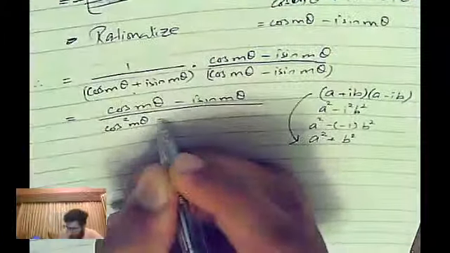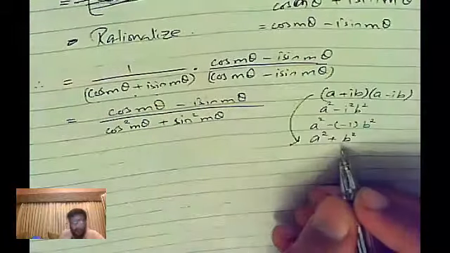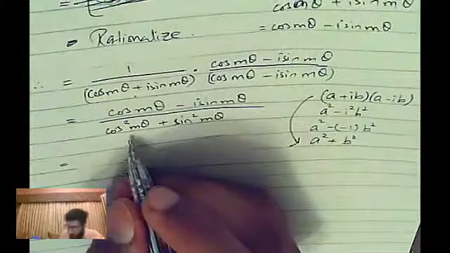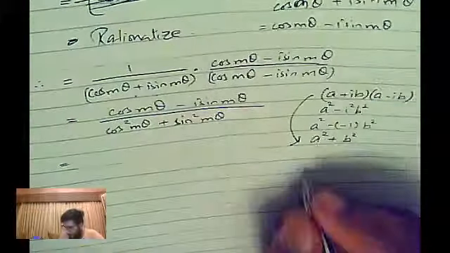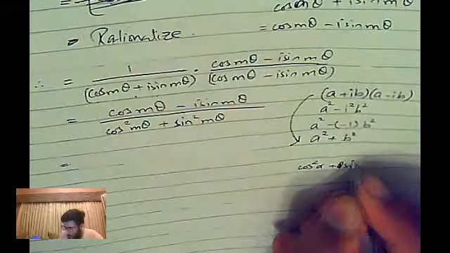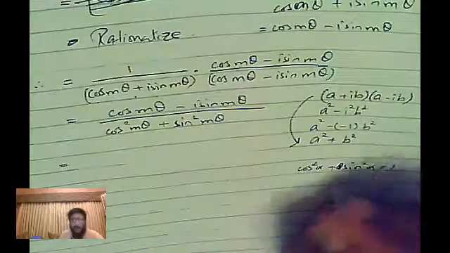So cos square m theta plus sine square m theta. Now there's no iota over here, so iota has been removed. We know the identity cos square alpha plus sine square alpha gives us 1, whatever the angle, if the angles are the same.